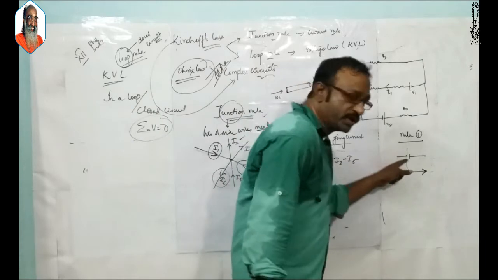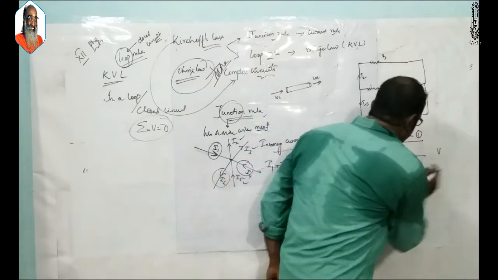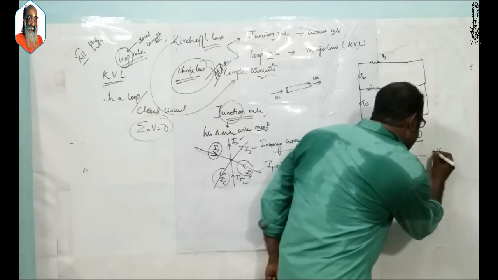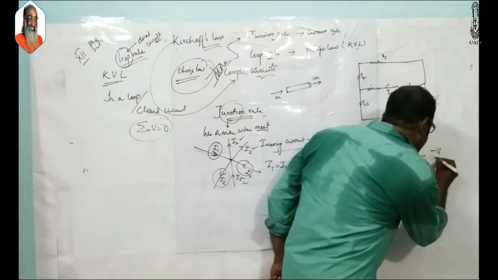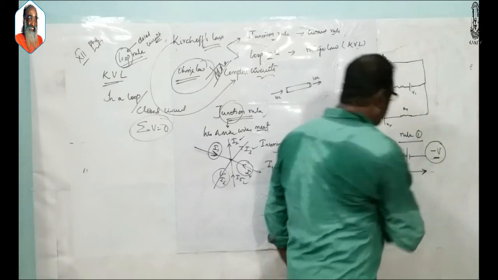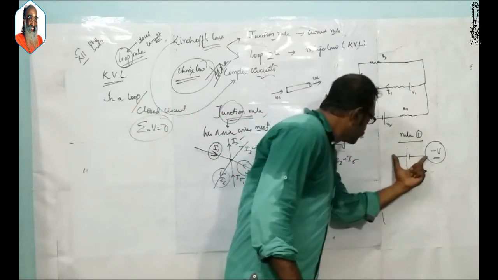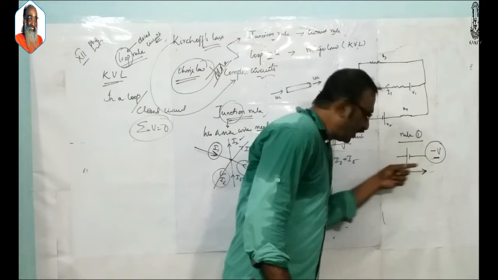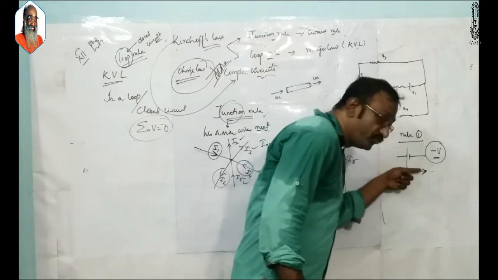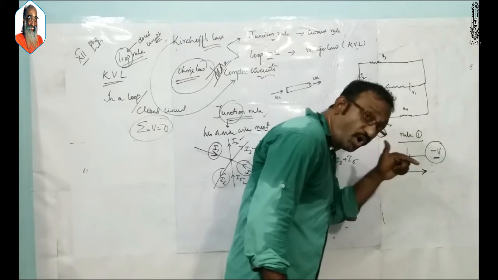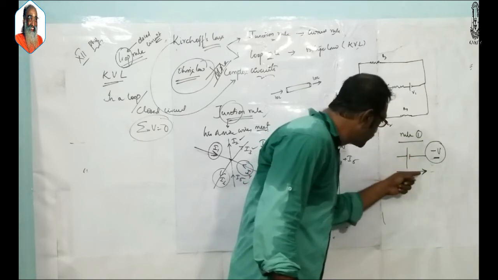So the potential is taken as minus V. Understand it carefully. So this is a cell, and if you are considering the direction from positive to negative, then it is negative. And this is rule 1.